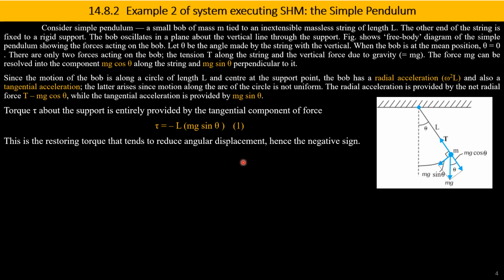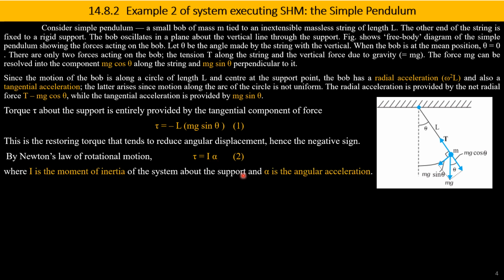By Newton's law of rotational motion, we know that tau is equal to I into alpha, where I is the moment of inertia and alpha is the angular acceleration, and tau is due to the tangential component of the force.